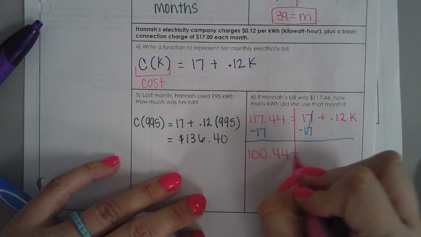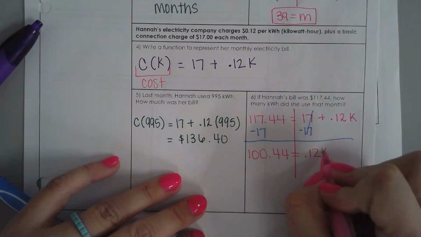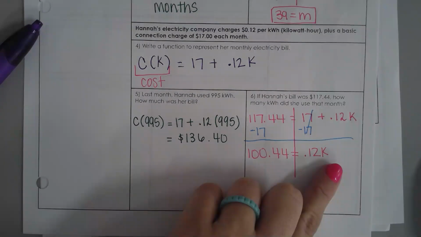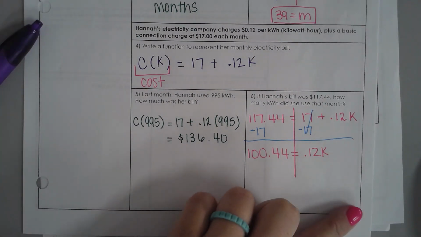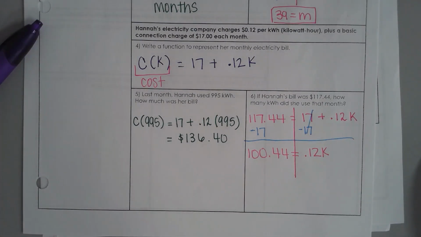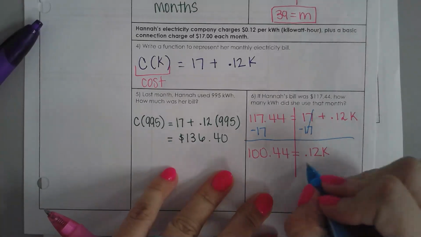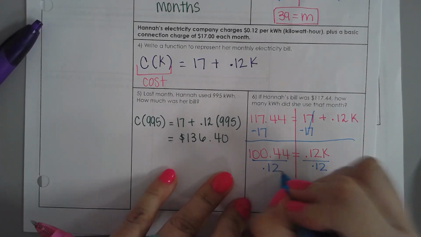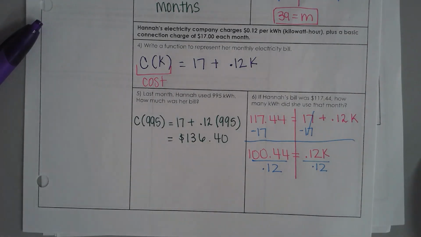100.44 equals 0.12K. Good. And then, Kaylee, what do I do to get K by itself? Divide by, careful, 0.12, yep. So, go ahead and divide both sides by 0.12.